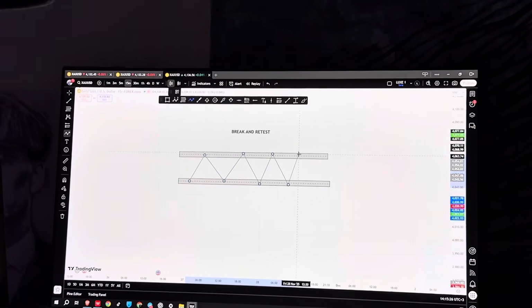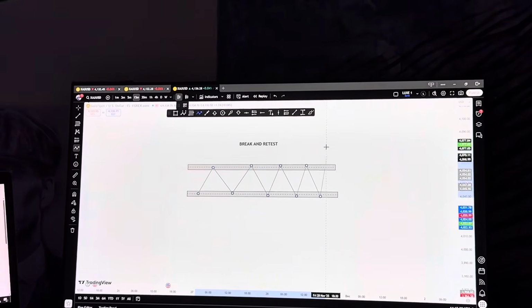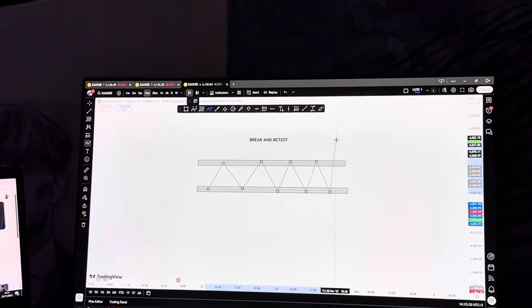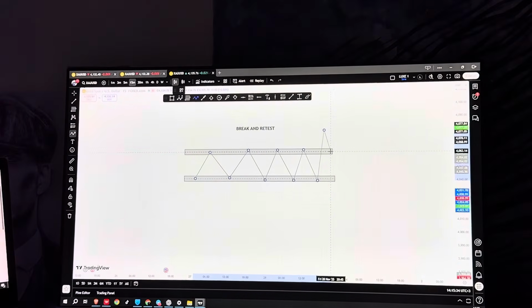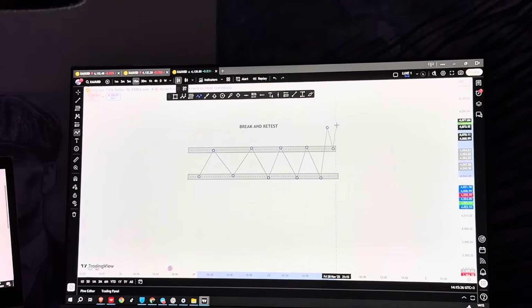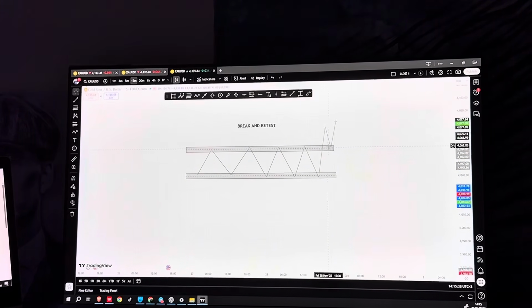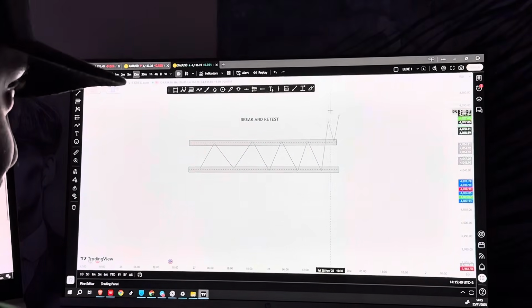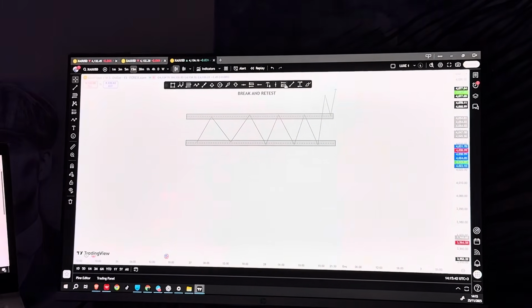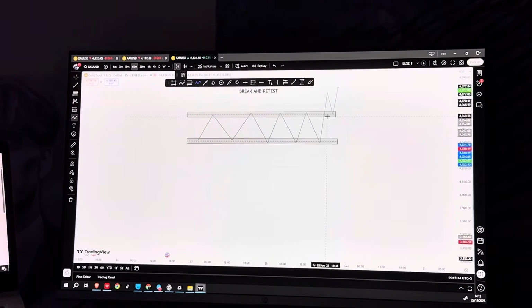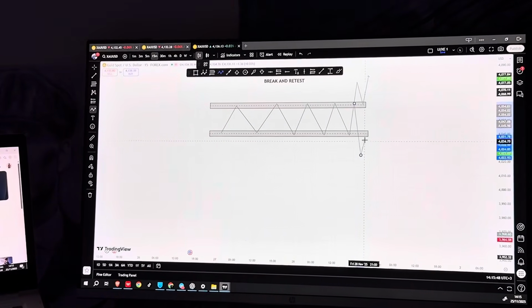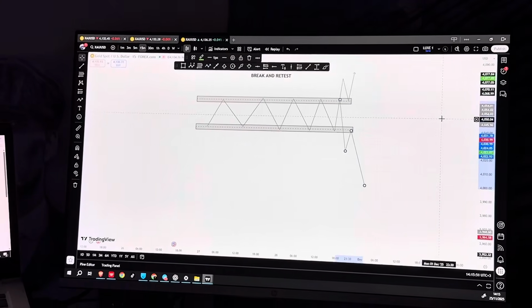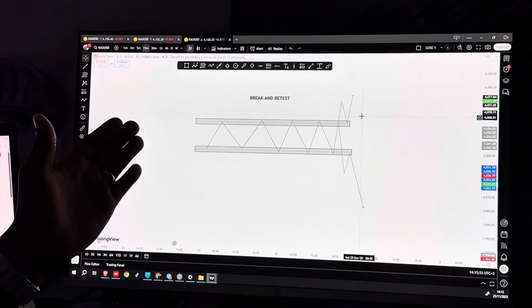If your candlestick breaks above your resistance, your candlestick must do what? It must do a retest. This is what we call break and retest. Another example: here the market came and broke your support, then did a retest. This is simply break and retest.